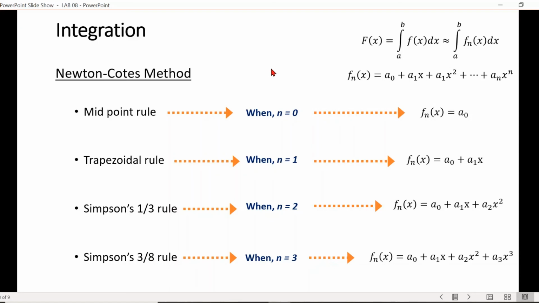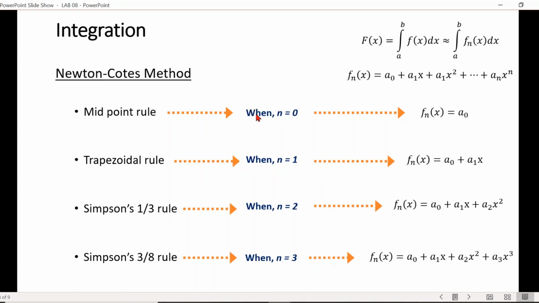Here, let's assume that we are integrating a function f of x in the interval a to b, where the function is considered as a nth order polynomial. And according to the power of this polynomial function, we end up with different integration methods.